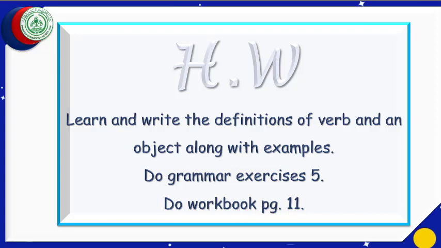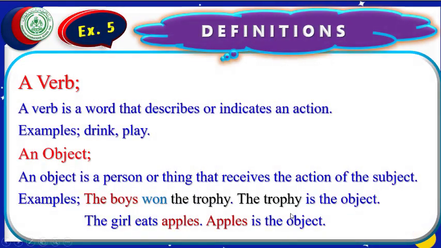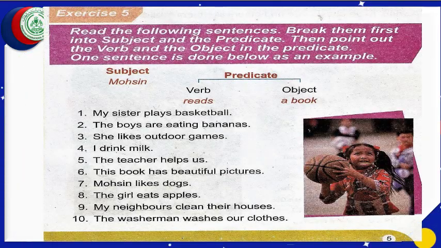As some of you don't have books, I shall show you these exercises and definitions. These two will be the definitions. You will learn them, memorize them, then write in your notebook. After this is exercise 5. You can see it from here.